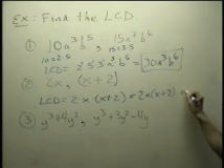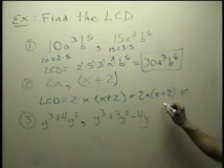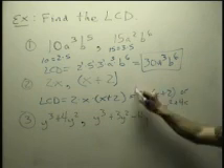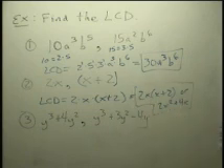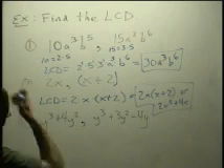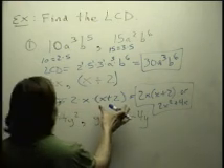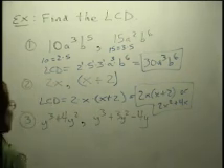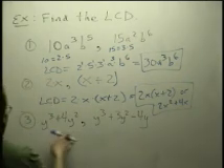Or if I want to multiply that out, I could write 2x squared plus 4x. Generally, it's going to be easier to work with it in factored form for us. So now you have to start being able to identify polynomial factors when building your least common denominator. Let's see another one here.